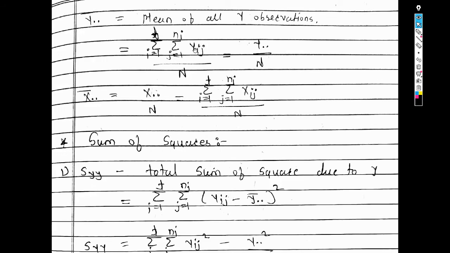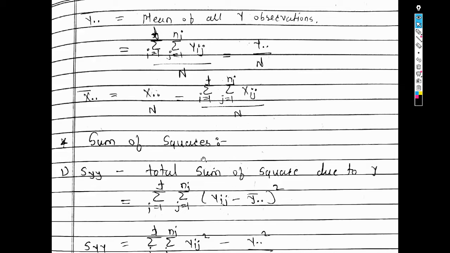And how do we find this? It is the summation of yij divided by the total number of observations, that is capital N, or the grand total of y observations divided by capital N. Similarly, x dot dot bar is the grand total of x observations divided by the total number of observations, or the summation of xij divided by capital N. So these are some basic notations which we use in ANOVA in CRD.